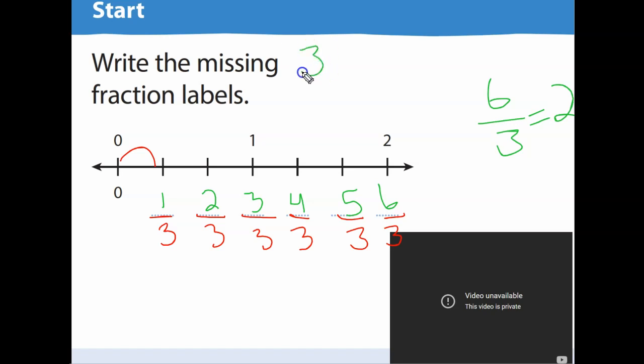But when it's 3 over 3, it's equal to 1. Okay. Those are two different ways to write a whole number as a fraction. In this lesson I'm going to show you another way, okay?